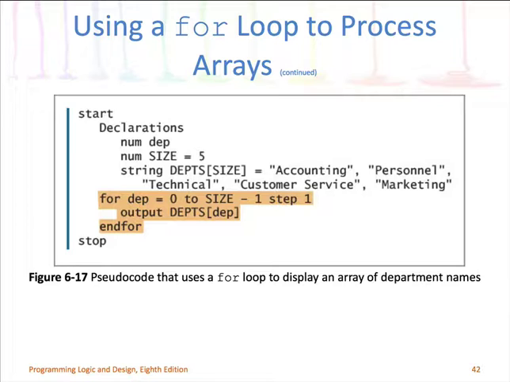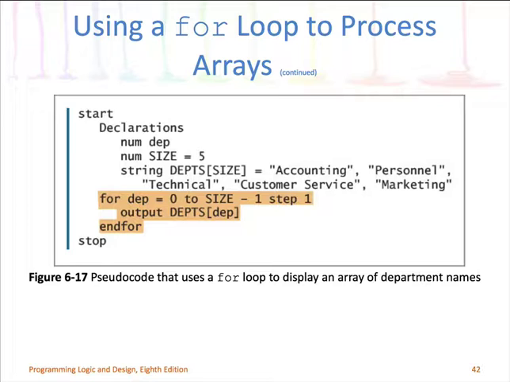So here is our departments. We have 5 departments. And if we need to process or print out each department name, we can say for department equals 0. So there's 2 things that happen in the department equals 0, or DEP equals 0. First, we have our loop variable, DEP, and we initialize it to 0.